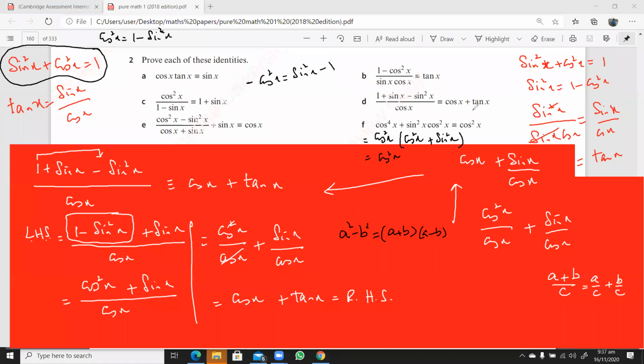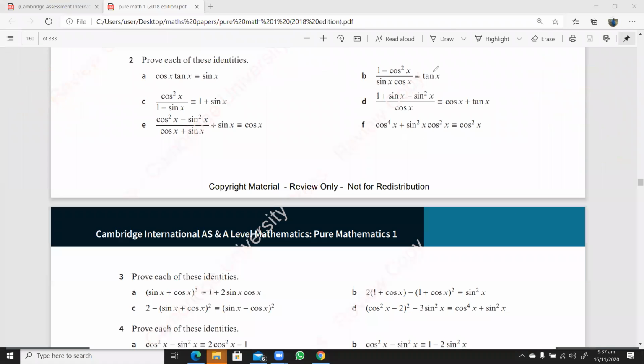One more thing, whenever you're applying this sine square x plus cos square x thing, please remember there has to be a square on them. Sine square x plus cos square x is equal to 1. There should be squares on them, they should both be positive and their angles should be same. I have seen students writing sine x plus cos x equal to 1.